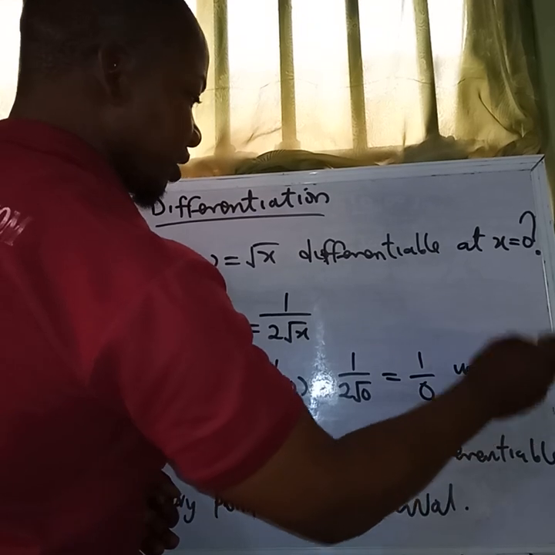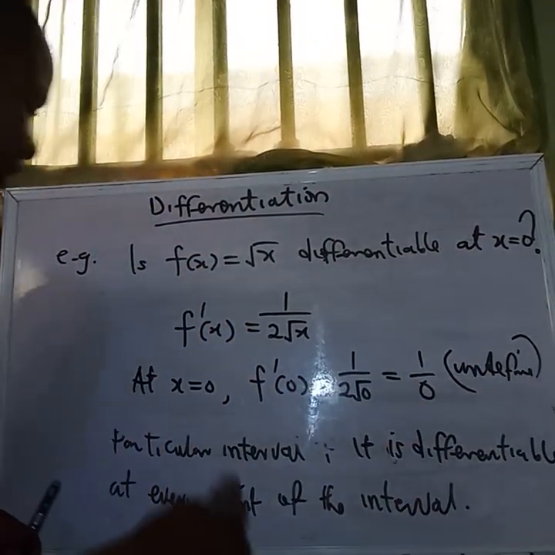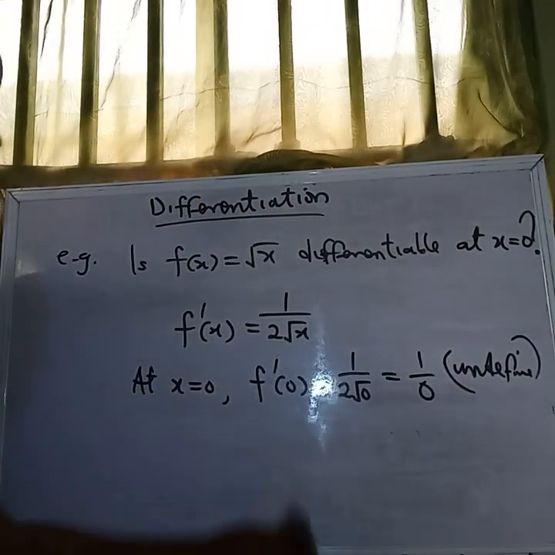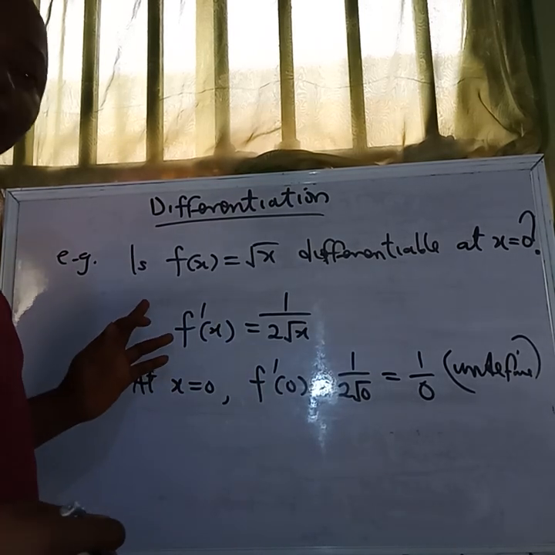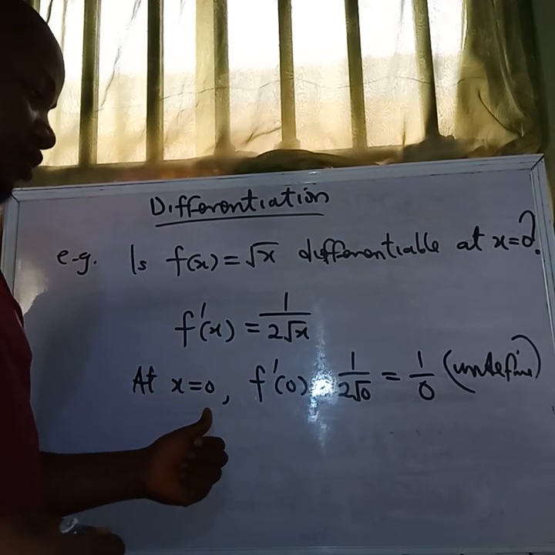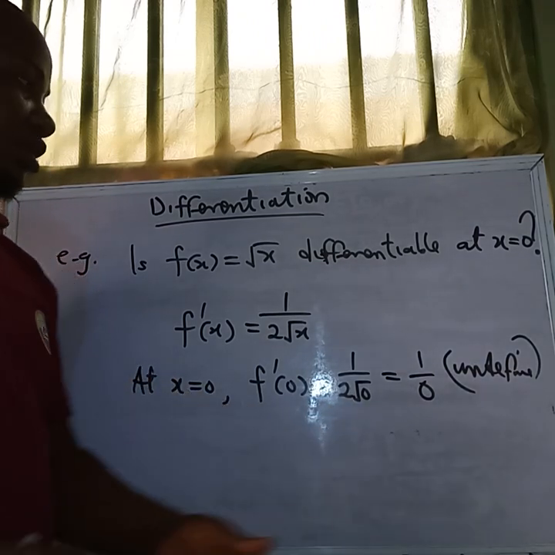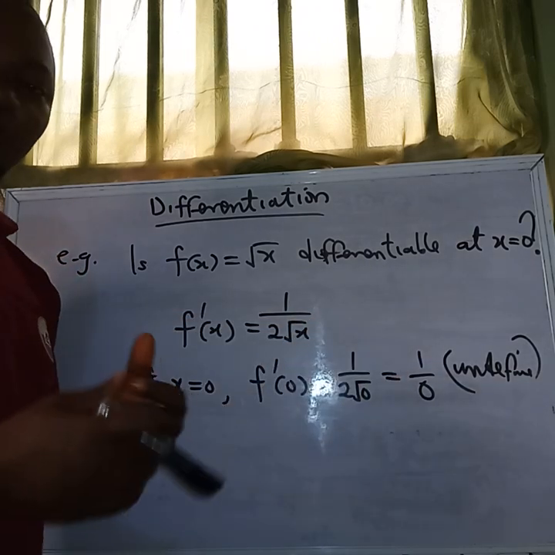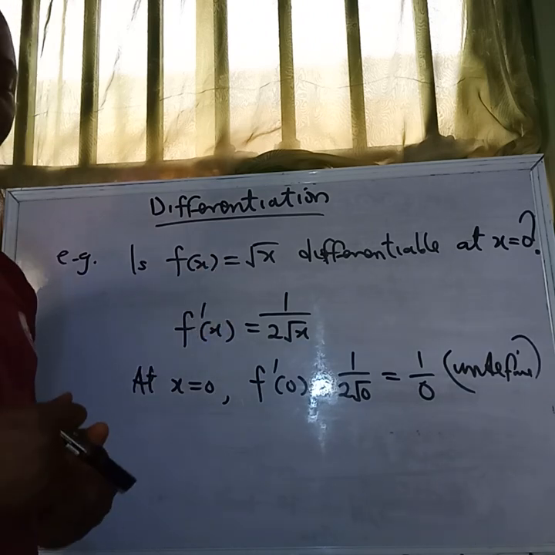Because of this, the answer to this will be no, because at x equal to 0, f prime of 0 is undefined. So this function is not differentiable at 0. But at any point after 0, we can say this function is differentiable.